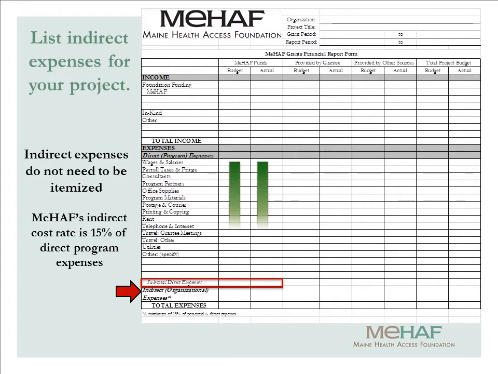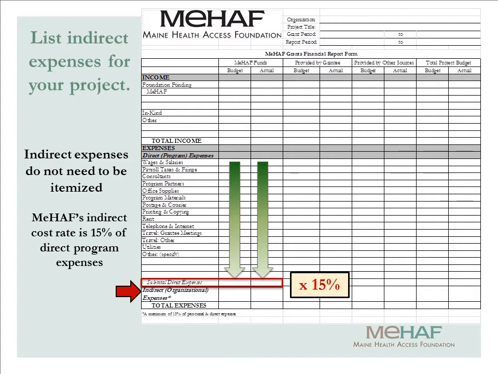Once you have added up all of your direct program expenses, multiply that amount by 15% to calculate the allowable indirect expense amount. There are some organizations that have an established indirect rate of less than 15%. Therefore, they should use whatever their indirect rate is for calculating indirect.